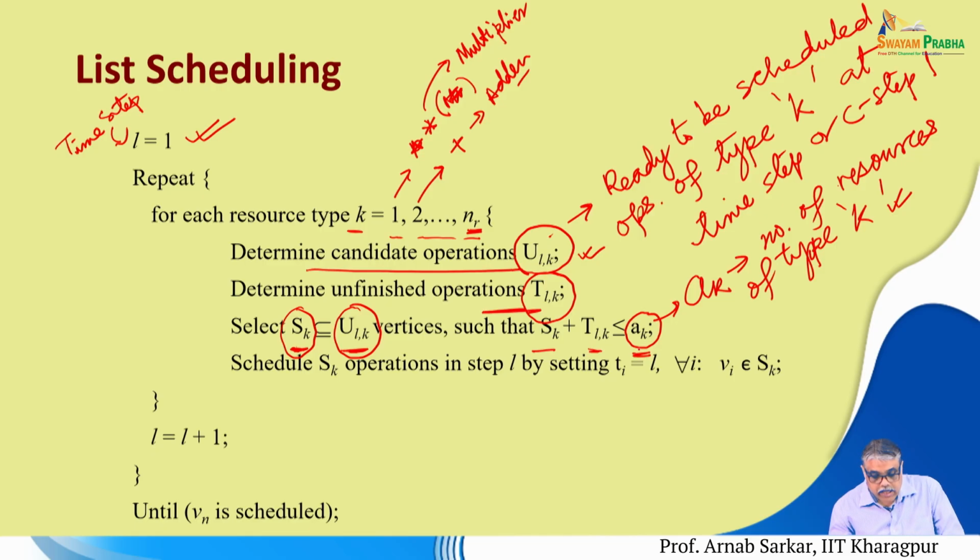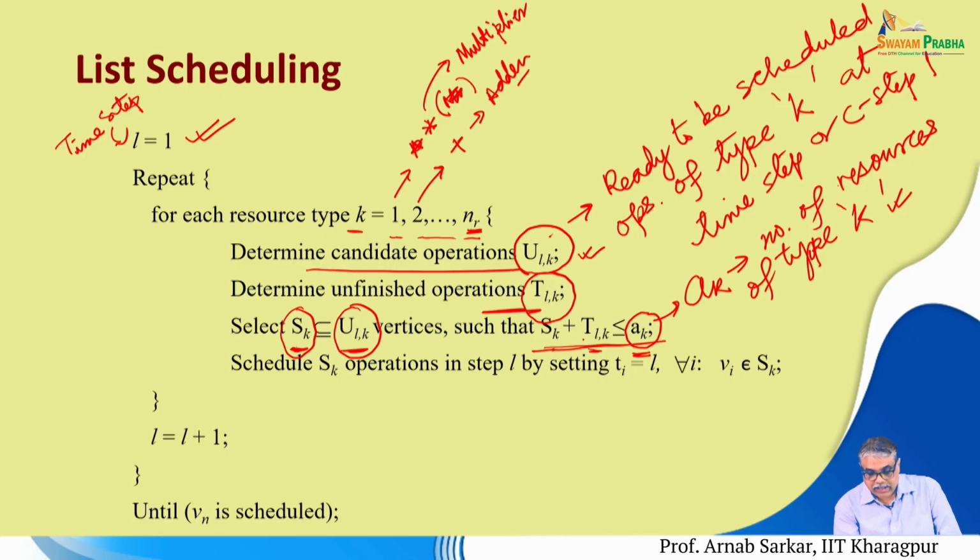On the other hand, it could be that Sk is equal to ULk, meaning all operations in ULk are in Sk, with TLk being the unfinished operations, but you still have some resources available; then this is less than or equal.